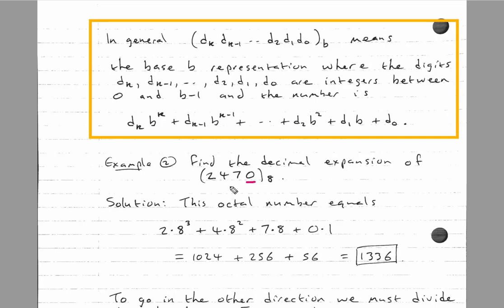So 0 ones, 7 eights, so 7 times 8. 4 times 8 squared, that's 4 times 64. 2 times 8 cubed. And then add those together to get the number in the usual representation. So 1,336.